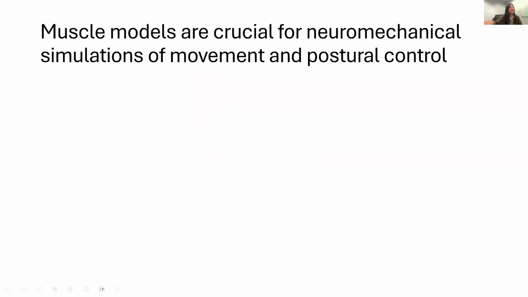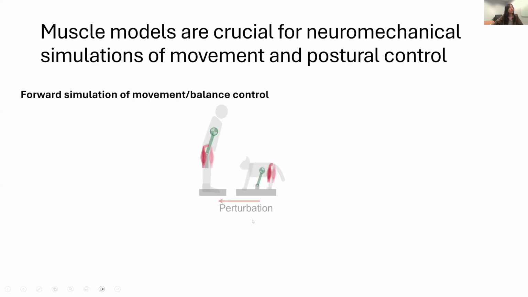These muscle models are crucial for neuromechanical simulation of movements and posture control. I would say there are roughly two ways we use muscle models. One is for simulation of movement and balance control, and I'm using it for forward simulation of balance control. For a person on a perturbation platform or an animal, there are muscles that are driving the balance response.